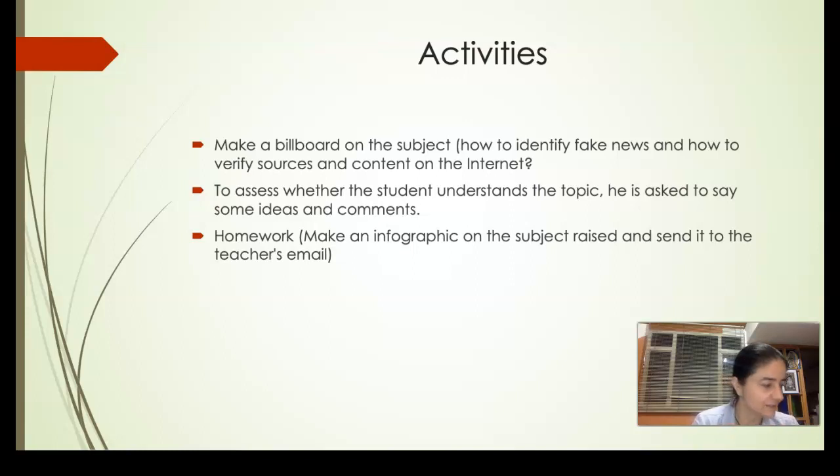Finish the activity. Who wants to participate? Marta, okay. Tell me. Explain the billboard. Okay. Oh, it's good. It's a beautiful billboard. Okay. Oh, yes.